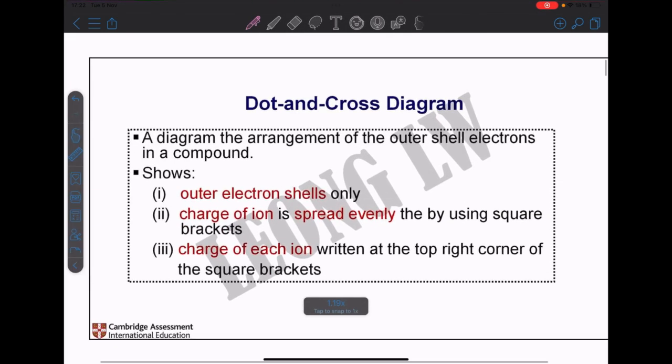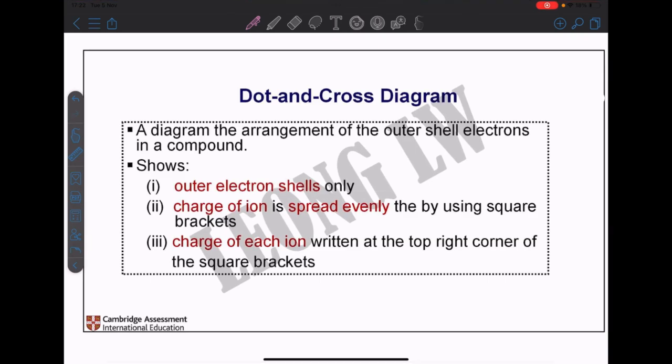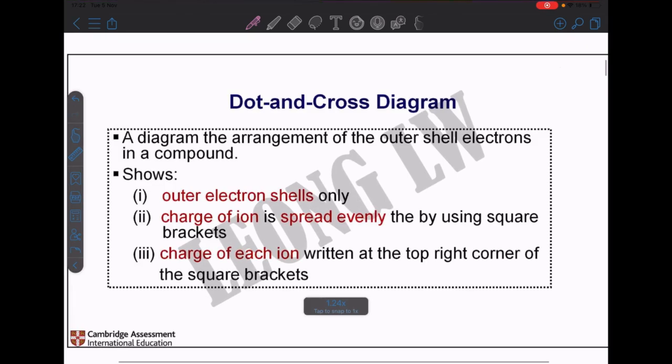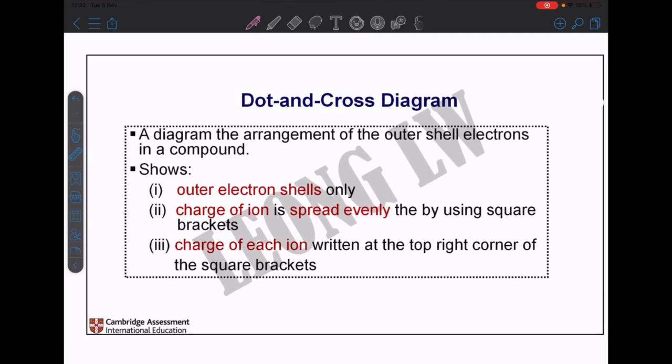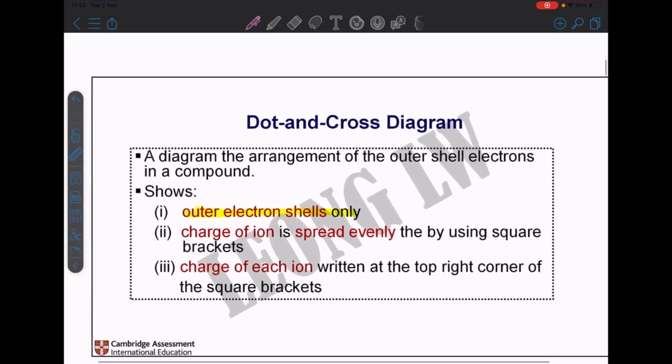So now we're going to be learning about the dot and cross diagram. A dot and cross diagram shows the arrangement of the outer shell electrons in the compound. It shows the outer shell only. That means if we have, let's say, aluminium, it has an atomic number of 13.